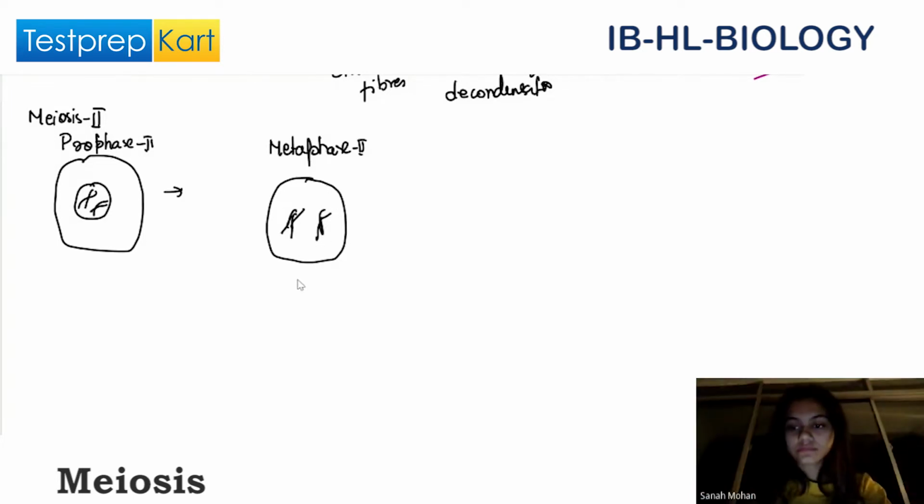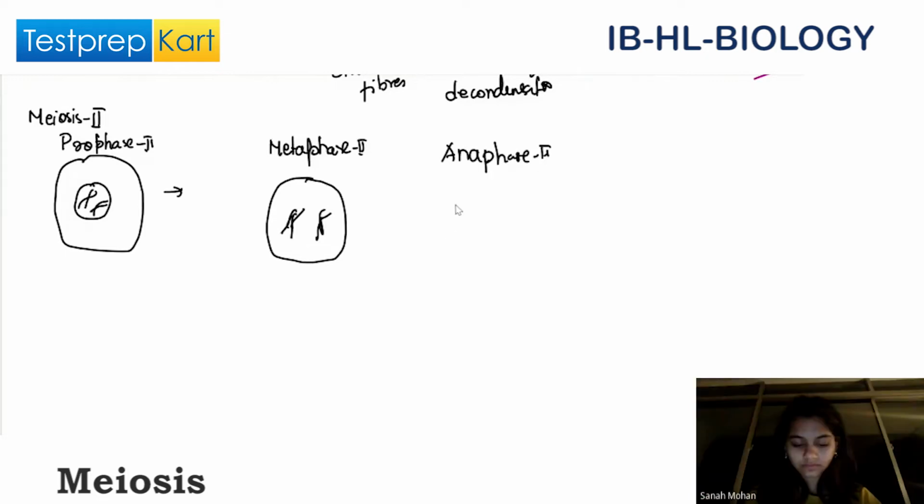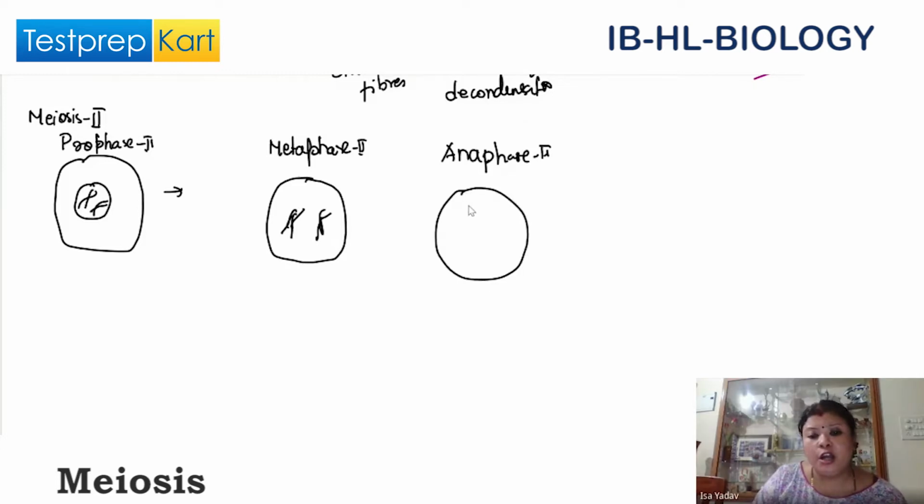And then after aligning into the equatorial plate, in anaphase 2, we will only have the chromatids being separated out like this. Chromatids are separated.